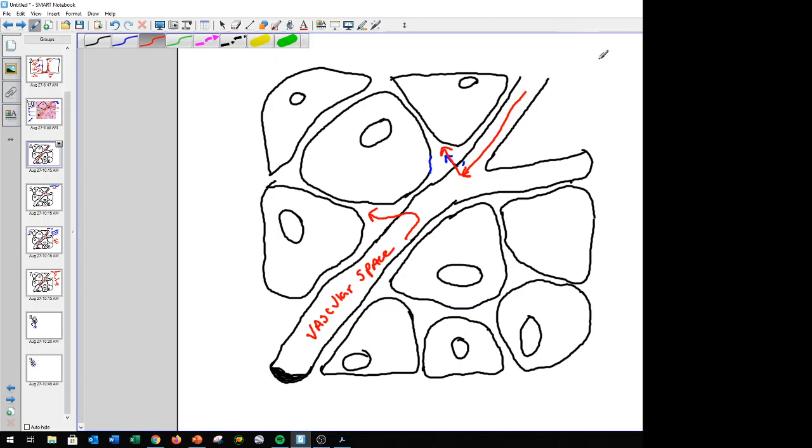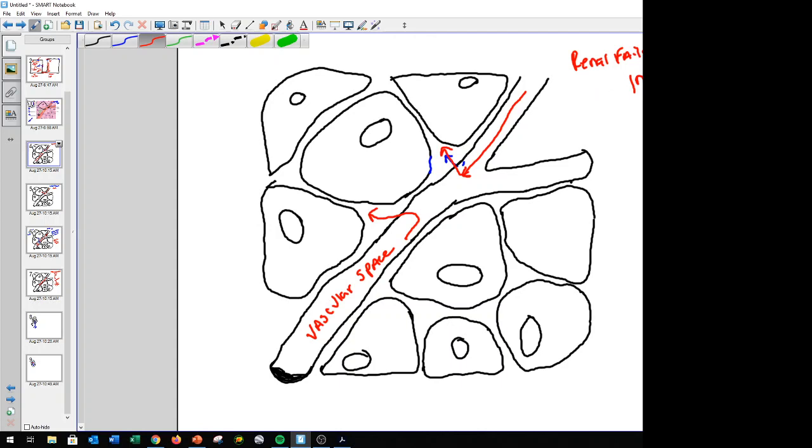So a lot of times what happens is you'll have a patient who has a history of renal failure. And what's going on here is that they have plenty of vascular space fluid, plenty of it. Let's give them a good blood pressure, let's say 170 over 90.